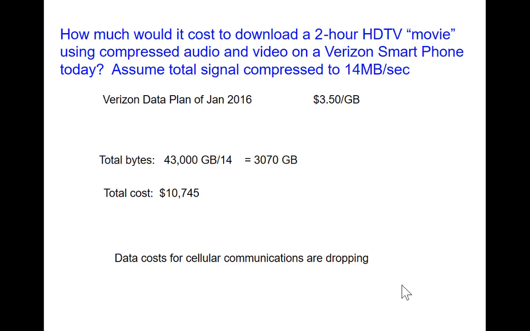What else can we do? Yes? Increase the amount of bytes that can be processed per second.